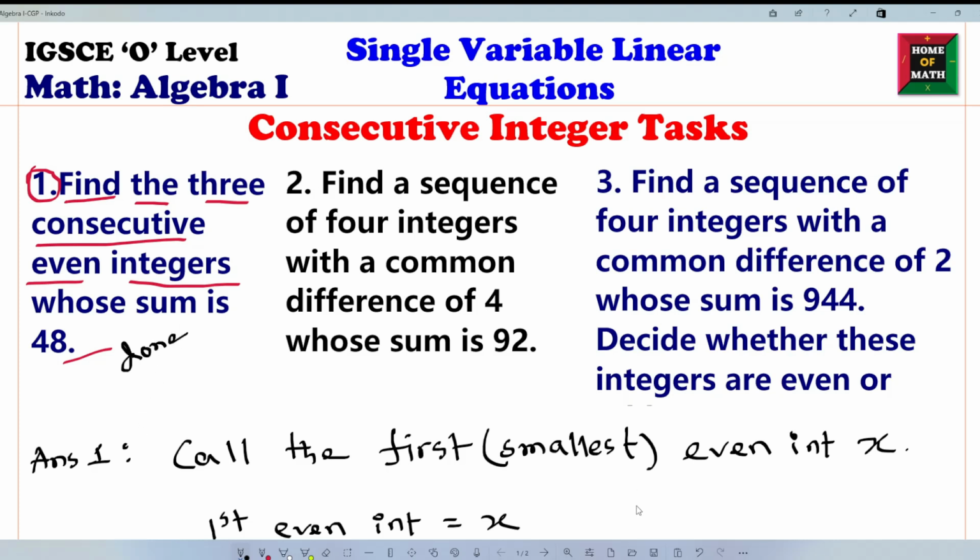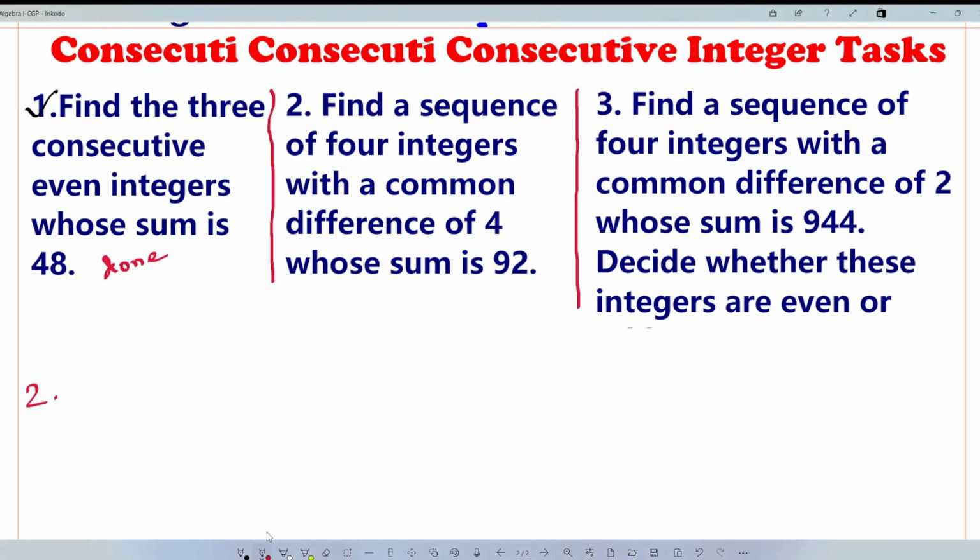Let's start the second one. Find a sequence of 4 integers with a common difference of 4 whose sum is 92.